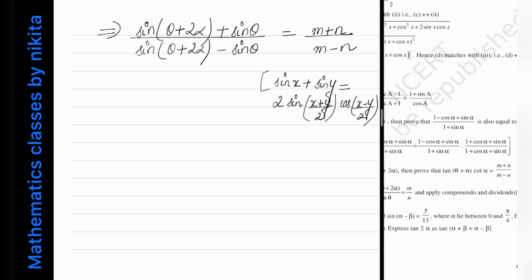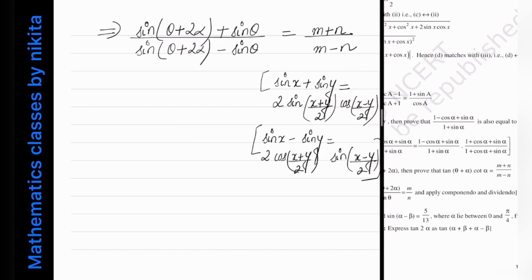Okay, and similarly I will use the formula for sin of x minus sin y, which is equal to 2 cos of x plus y by 2 into sine of x minus y by 2. So these two formulas I will be using.